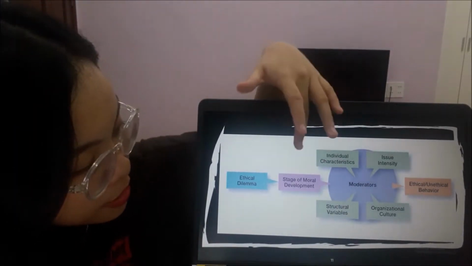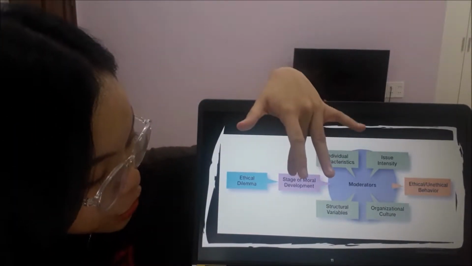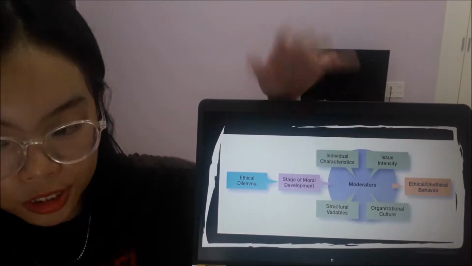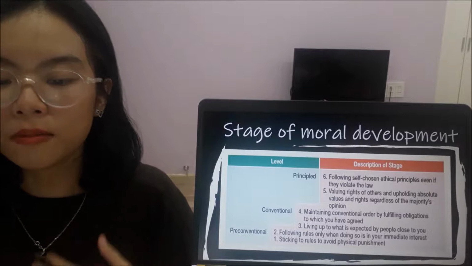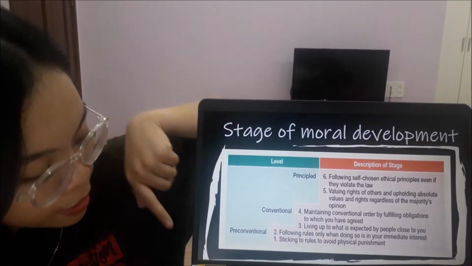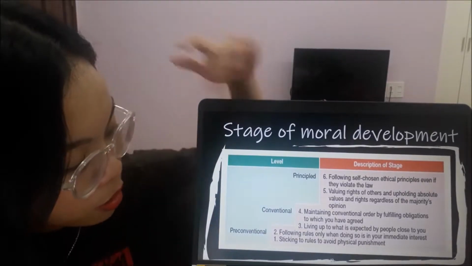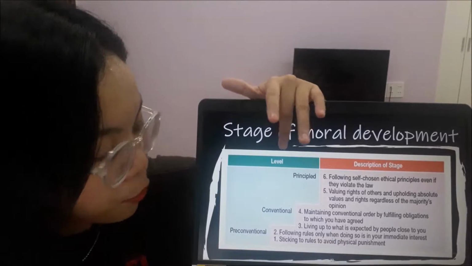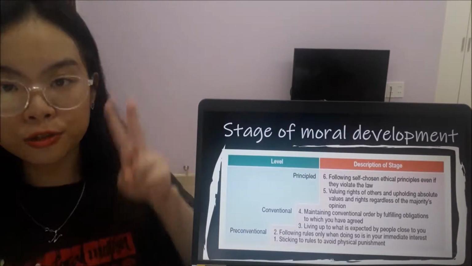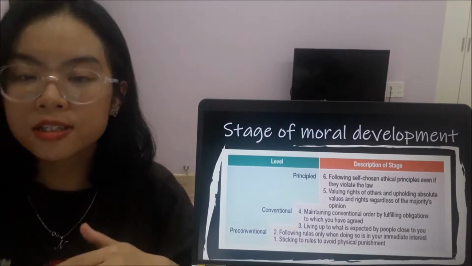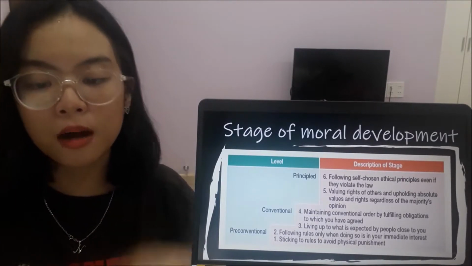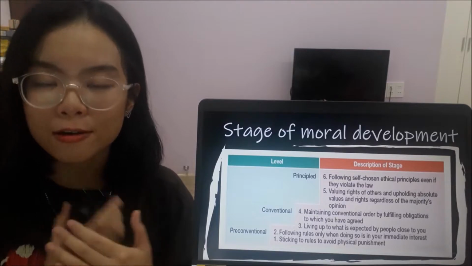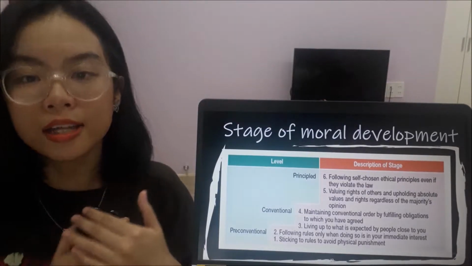We can see this is the stage of moral development, and the researcher divides moral development into 3 levels: pre-conventional, conventional, and principled, each having 2 stages. At each successive stage, an individual's moral judgment becomes less dependent on outside influence and more internalized.